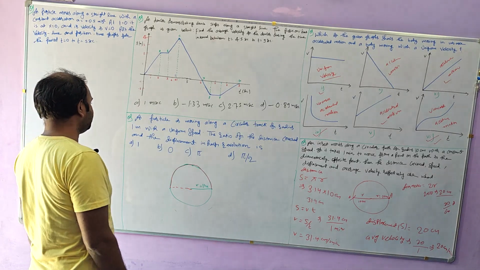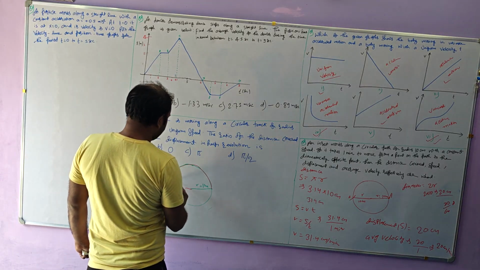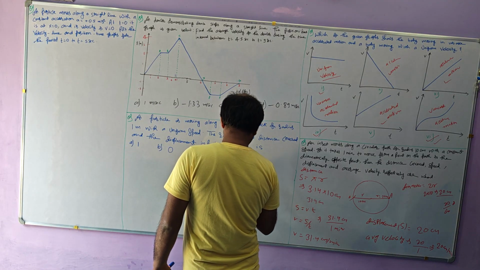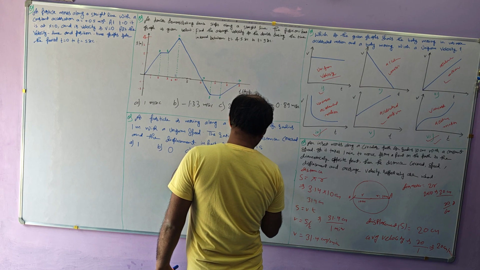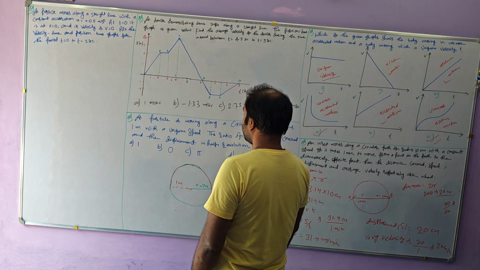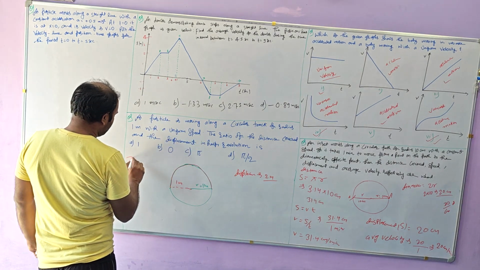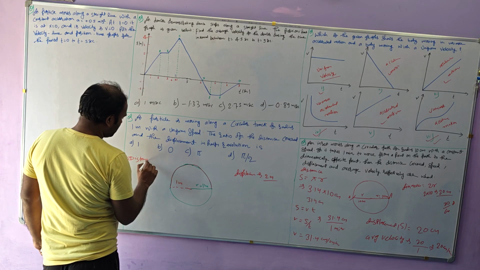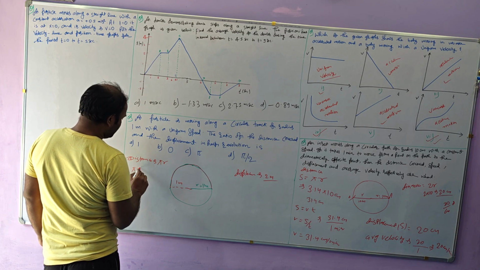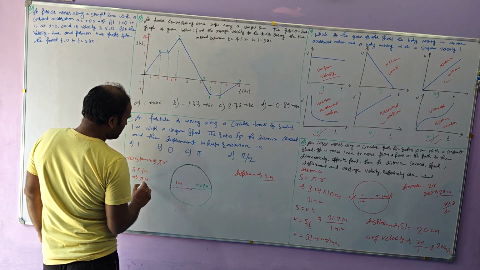Displacement is 1 meter and 1 meter, 2 meter. Our displacement is 2 meter. And distance would be pi r, that means pi into 1 meter, that is pi meter.